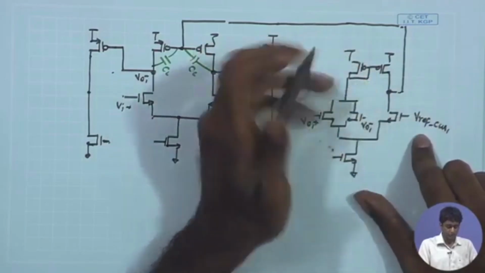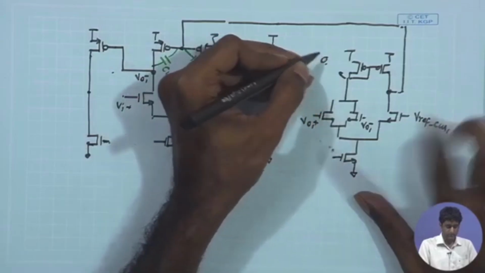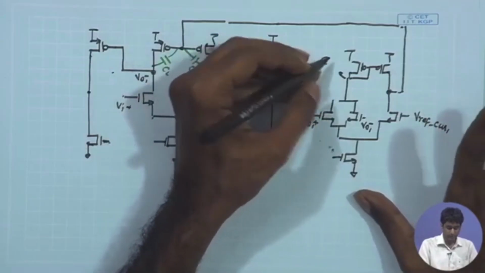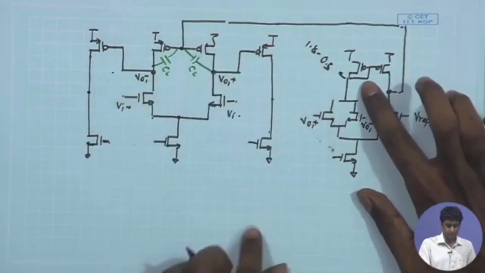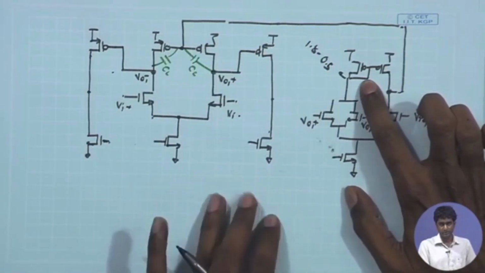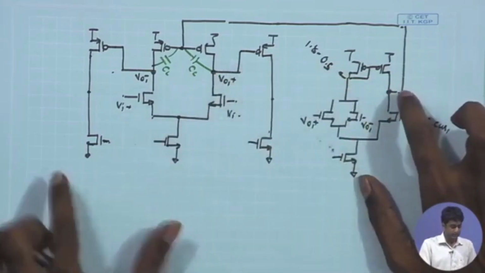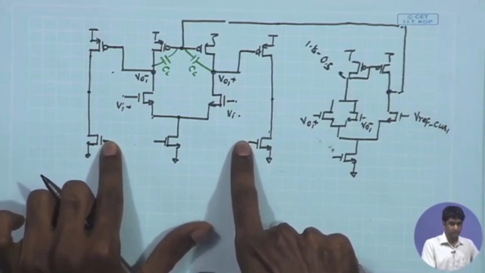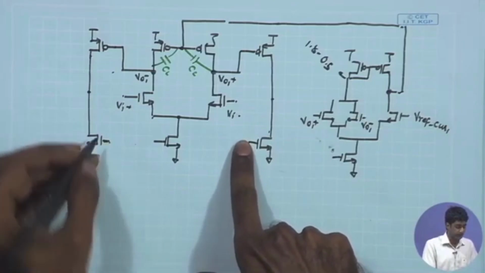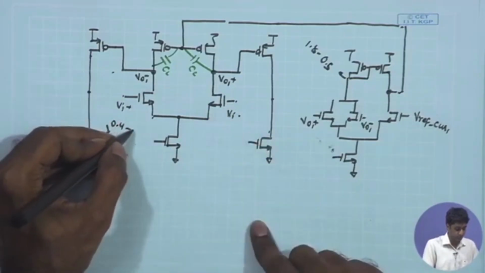So, nominally this potential will be close to VDD minus 0.4 or 0.5 volt, so 1.8 minus 0.4 or 0.5 volt. So, it is something like 1.3, 1.4 volt, and we are expecting that the DC potential that is required to drive this is of course much lower. It is close to the VT of the NMOS, so 0.4 to 0.5 volt.